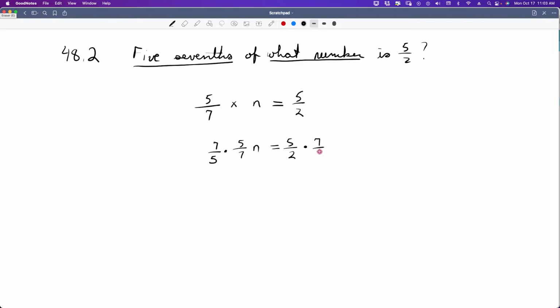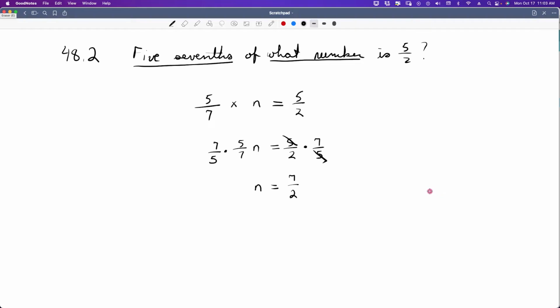So times 7 over 5. This cancels. This becomes 35 over 35. That's 1n. So n is left over here. We have 1n by itself. 5 times 7 is 35. Actually, I'm not even going to do that because look at what we have. We have a factor here and a factor here that we can cancel out. So all we have to do is write 7 over 2.